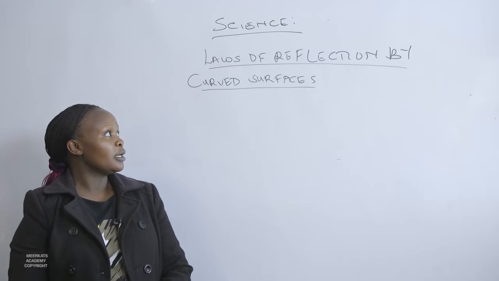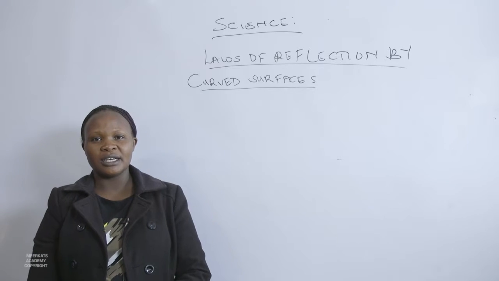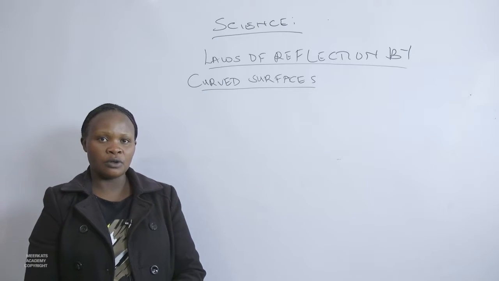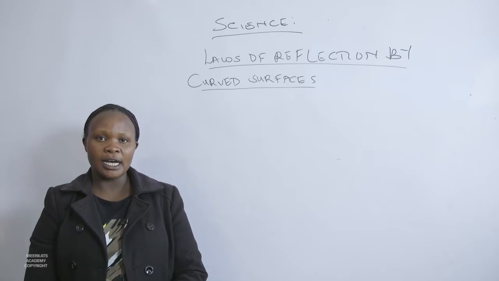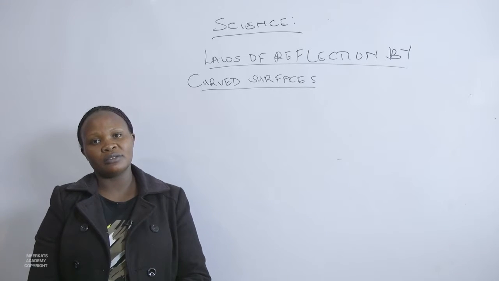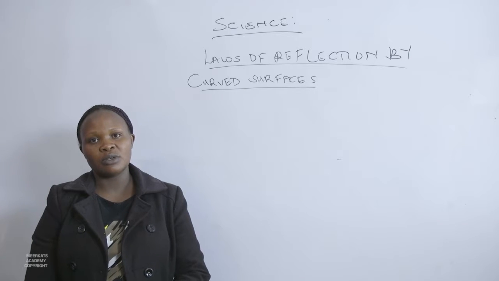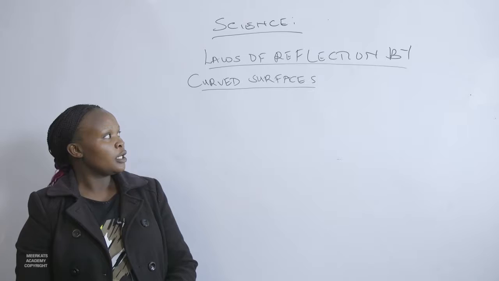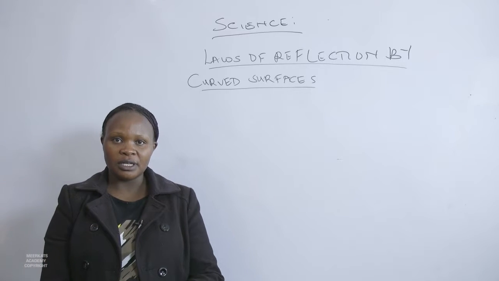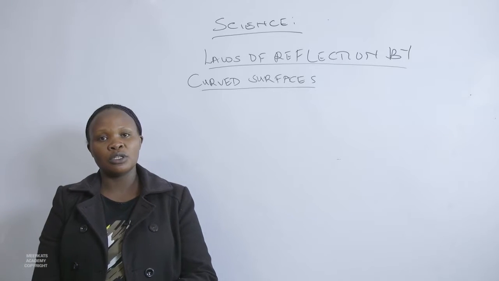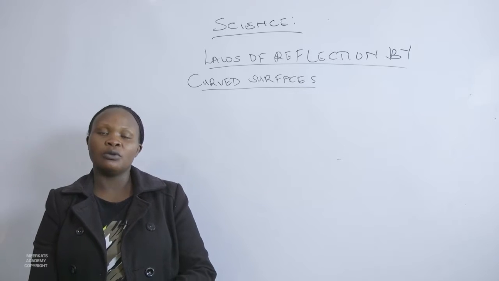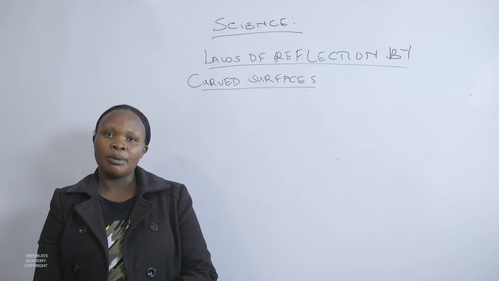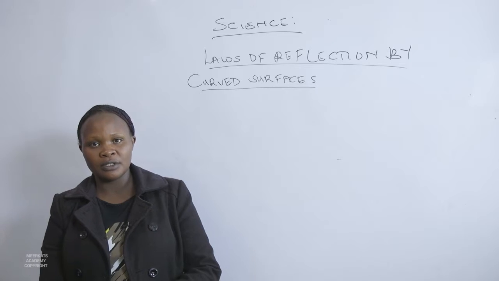Here, we want to consider four rays, and how they are supposed to be reflected in order for us to come up with the image of our interest. These four rays are what we call the laws of reflection by curved surfaces.